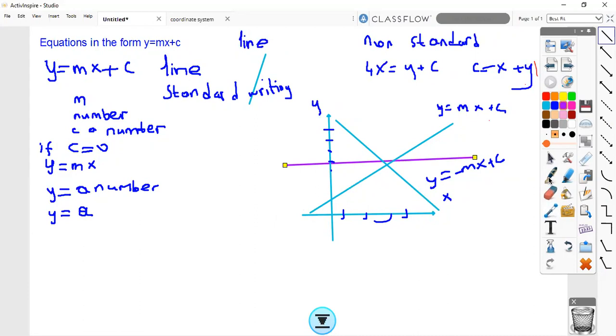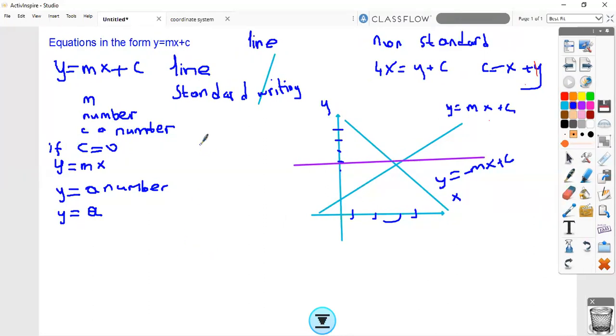Now, if m is equal to 0, what will happen? Just wait, if c is equal to 0, yes, no, this is not true.